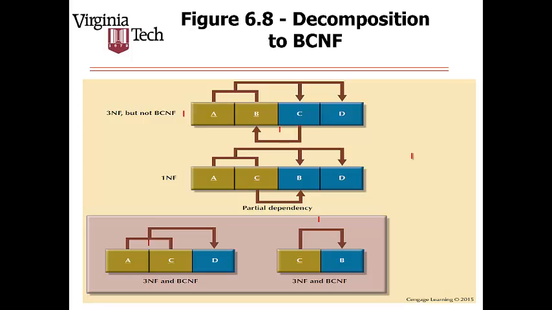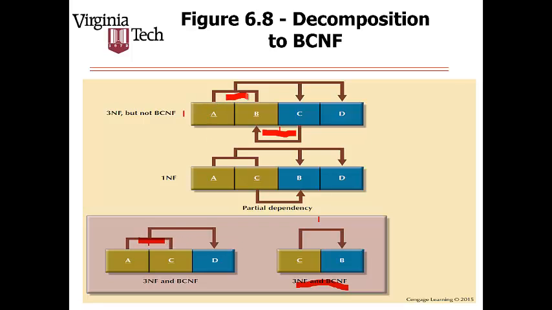So what you do when you have this situation is you take this offending attribute, this C determines B, and you do what we usually do. We break it out into its own entity. And so now we say that A and C determine D, right? We had our key wrong.